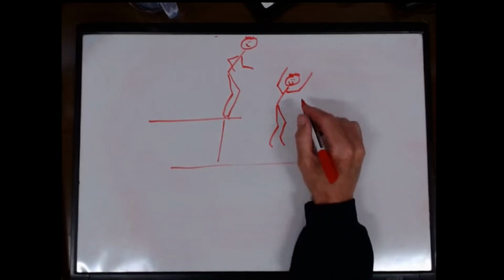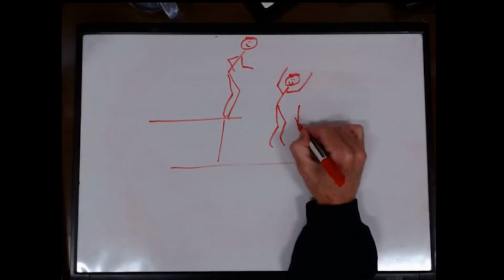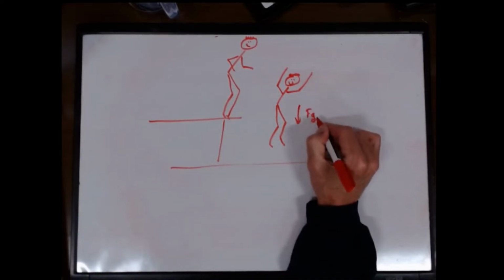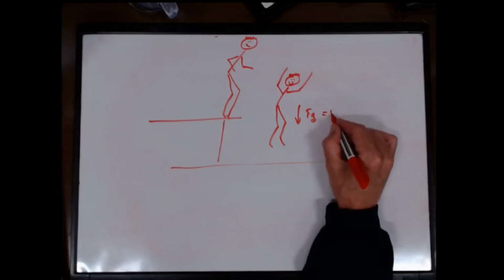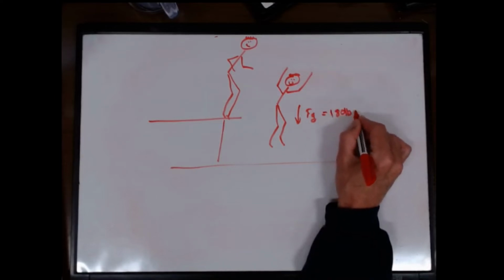Right, here's the ground. While I'm falling, there's really only one force acting on me. It's the force of gravity acting on me. And so this is often called my weight. This is 180 pounds.